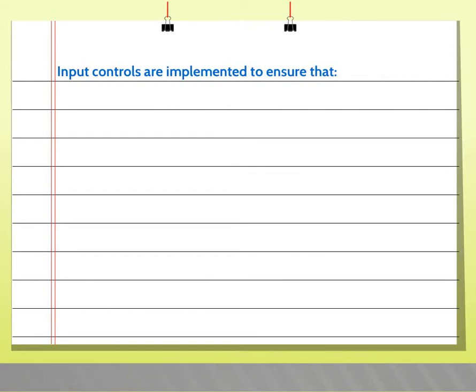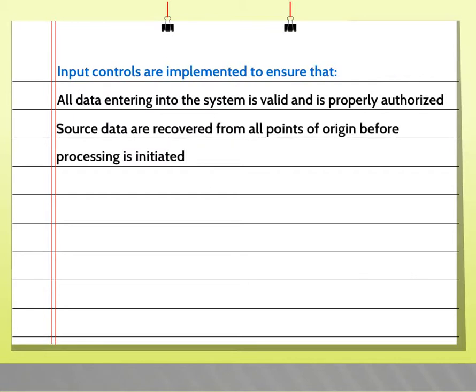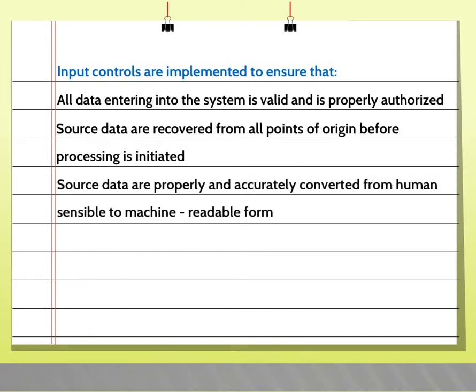Input controls are implemented to ensure that all data entering into the system is valid and is properly authorized. Source data are recovered from all points of origin before processing is initiated. Source data are properly and accurately converted from human sensible to machine readable form.